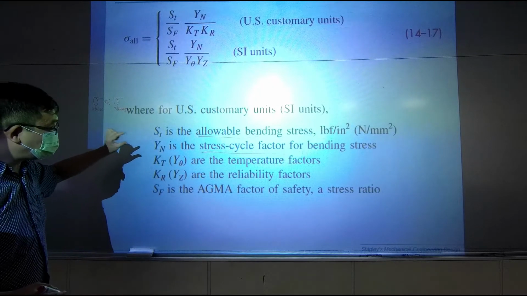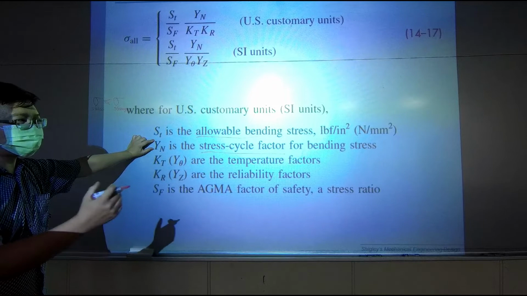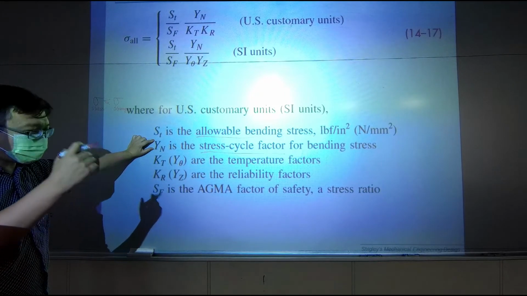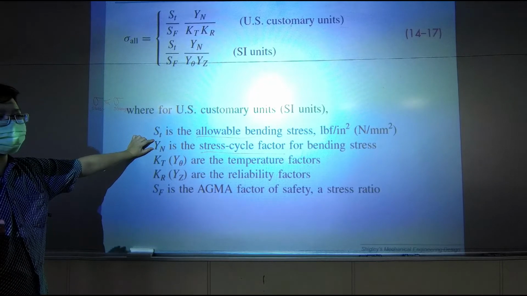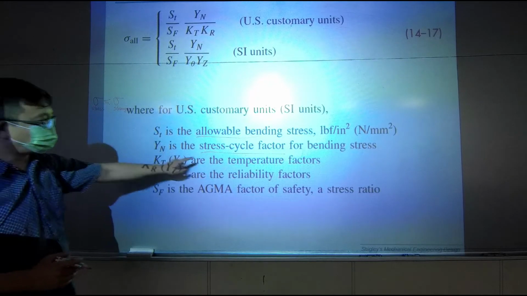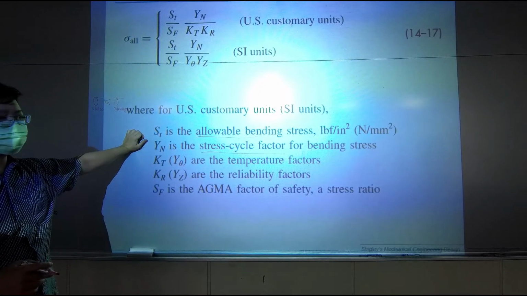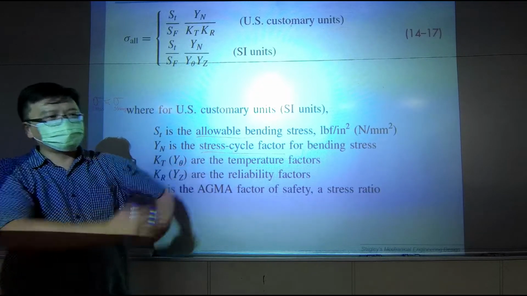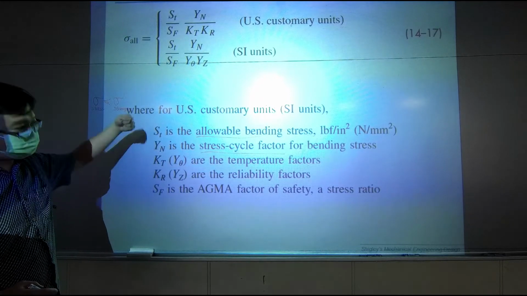So as you have more cycles, the bending strength drops, just like when we talk about fatigue problems. So gear also has cycle issues. If you have cyclic motions, the strength will drop.